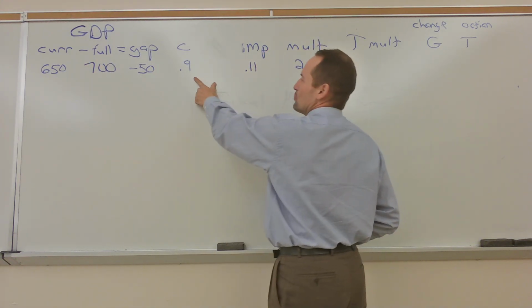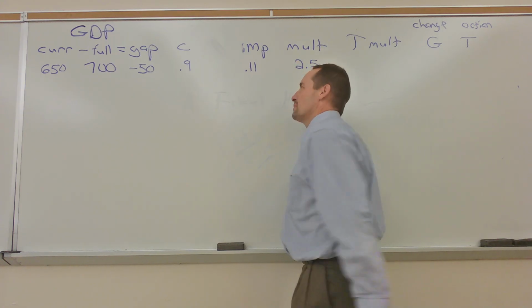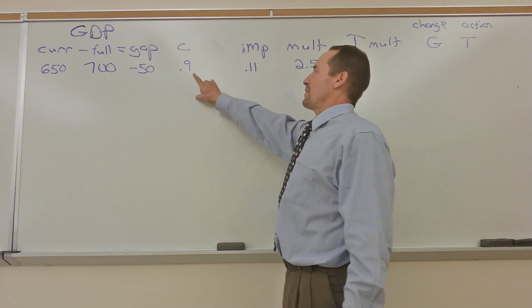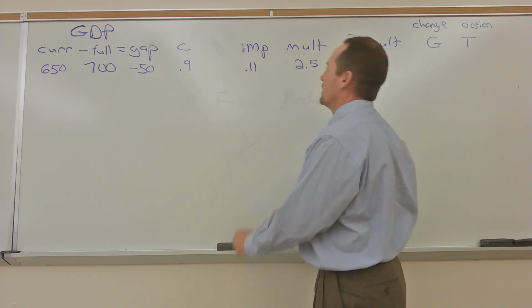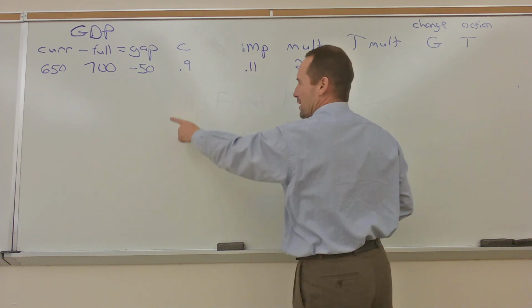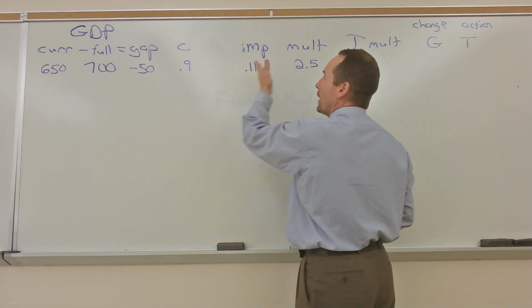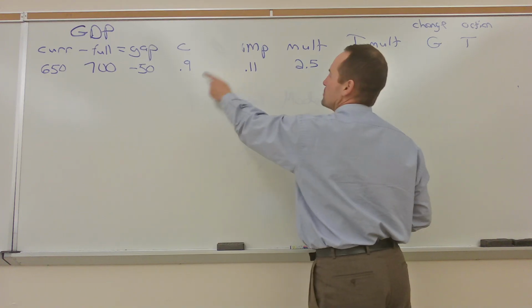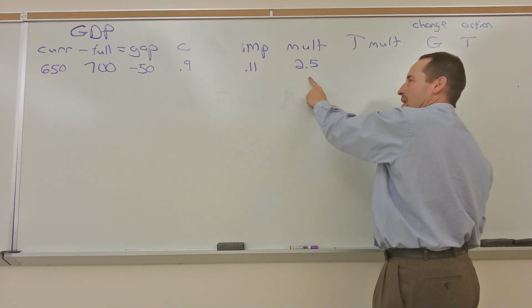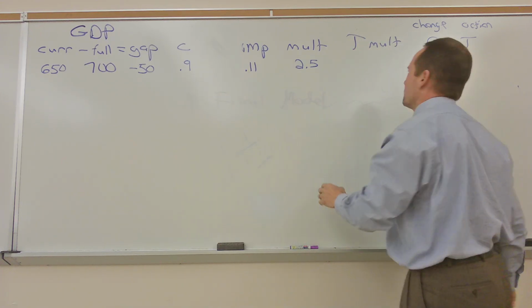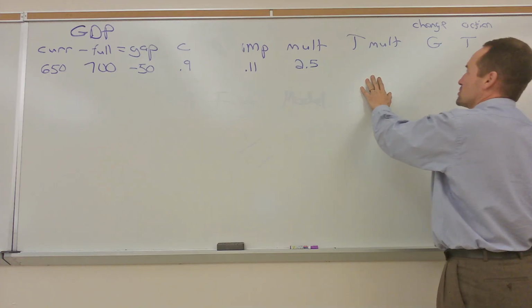The consumption rate, our after-tax consumption, what we consume of our take-home pay, is 90%. Of our consumption, we spend 11% of it on imports. So this is a subset of that. Our spending multiplier is 2.5. Our tax multiplier is unknown.